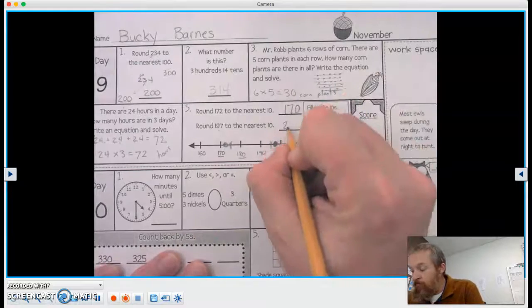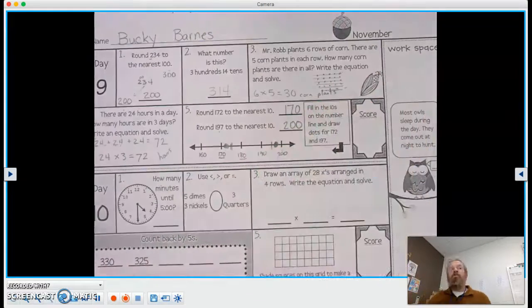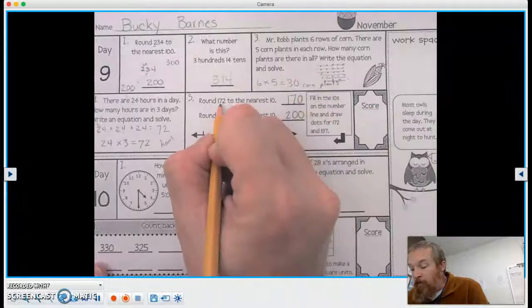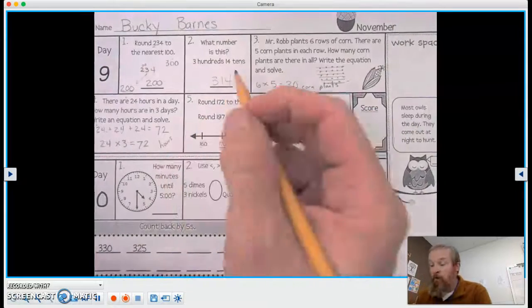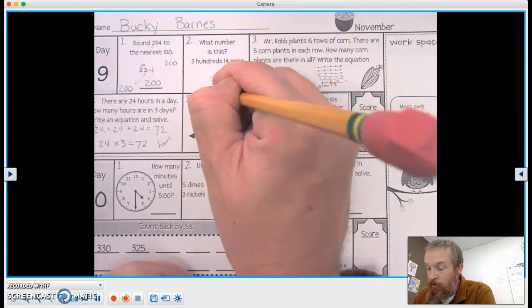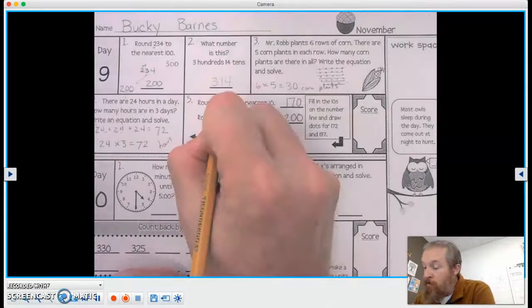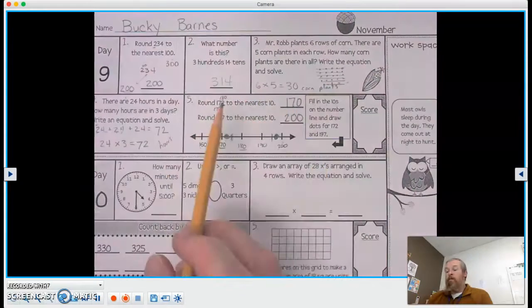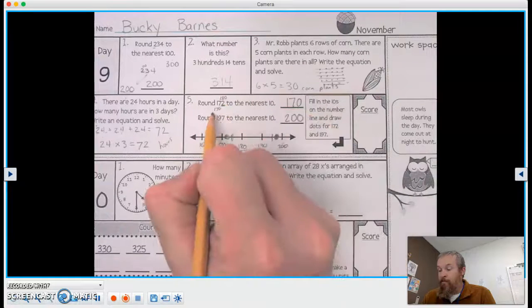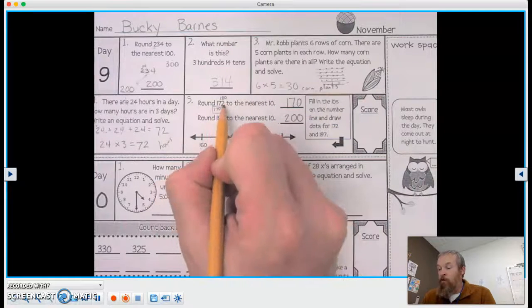Very good. Now, we can also do it the way that we're learning in class, where we find our column that we're going to round to. We have either 170 on this one or 180. Now we're going to look next door at that 2. 4 or less, let it rest. 5 or more, raise the score.